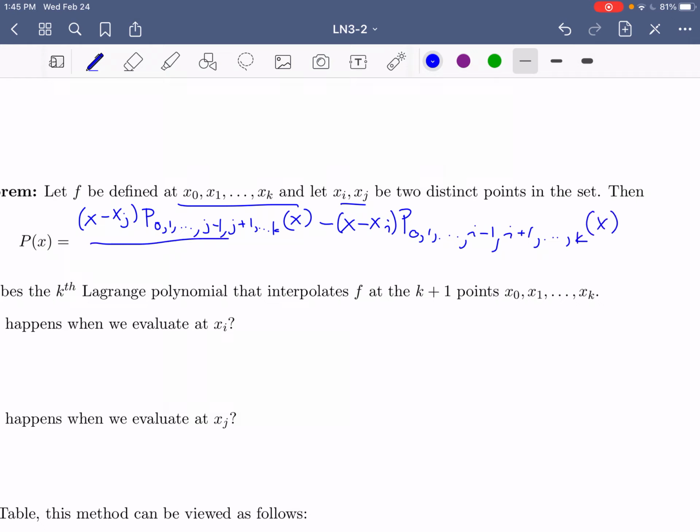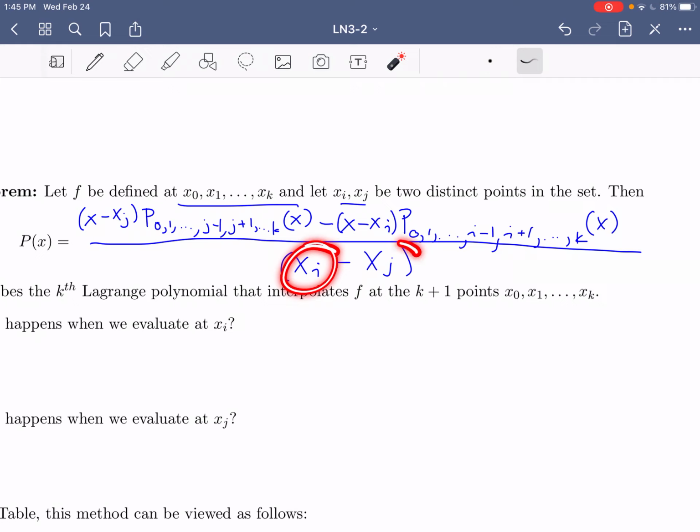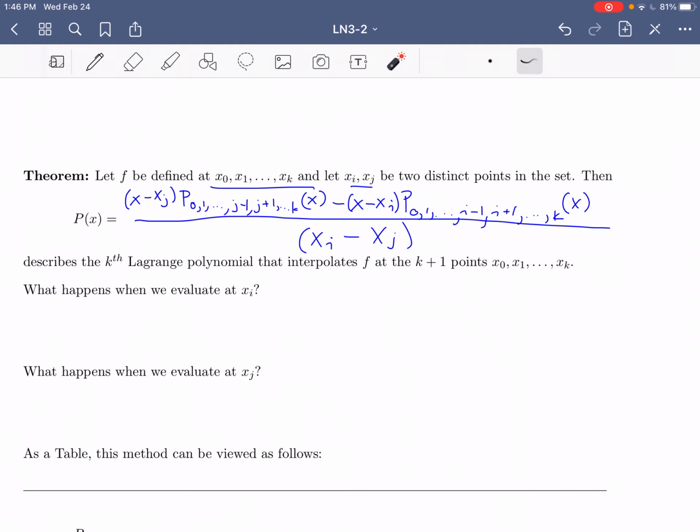And all of that is divided by x sub i minus x sub j. The order in which this difference occurs is exactly opposite. And so that is what the Lagrange polynomial is.